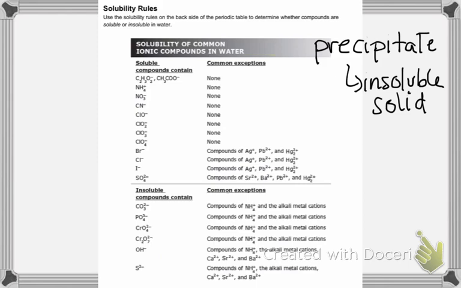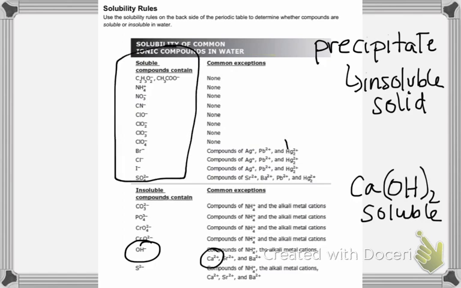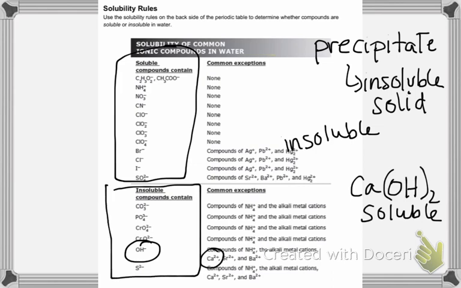For example, hydroxide is normally insoluble, but if it binds to calcium and forms calcium hydroxide, it is now soluble. So these are the solubility rules. Everything here is soluble, except when it's with these guys, then it becomes insoluble. And everything here is insoluble unless it bonds to any one of these guys, then it becomes soluble.